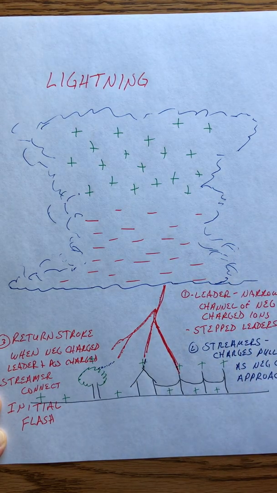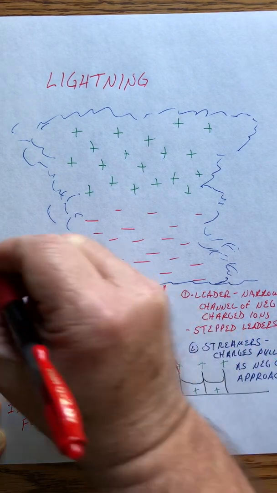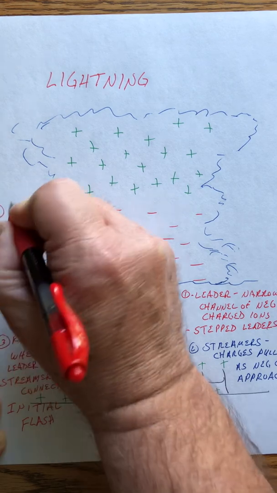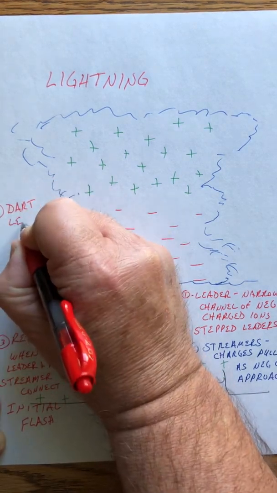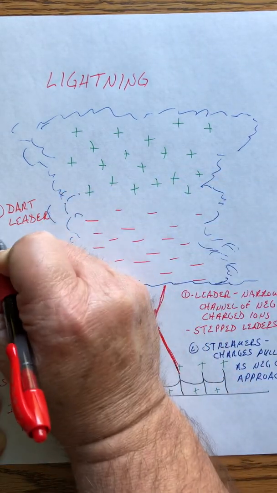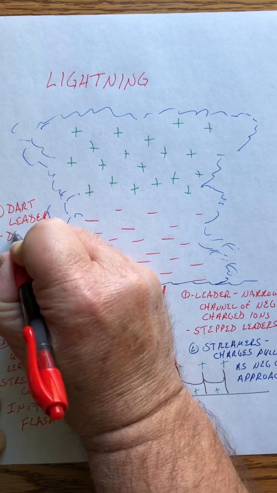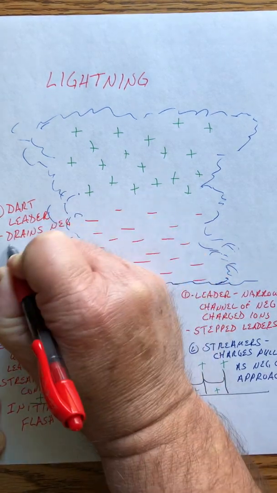All right, there's one more portion to lightning, and that is called a dart leader. So we'll put that over here. Number 4 is a dart leader, and this one's kind of cool. What a dart leader does is it drains negative charges from the cloud.